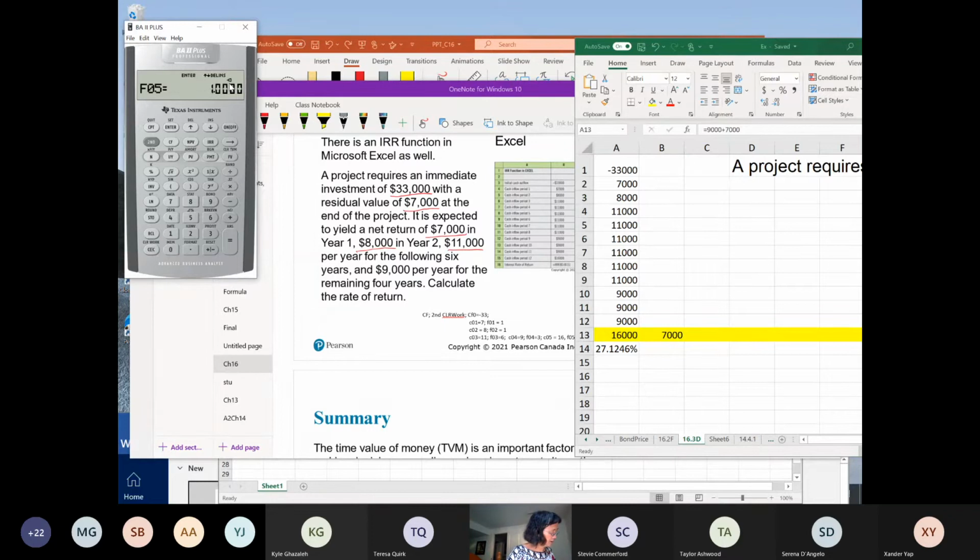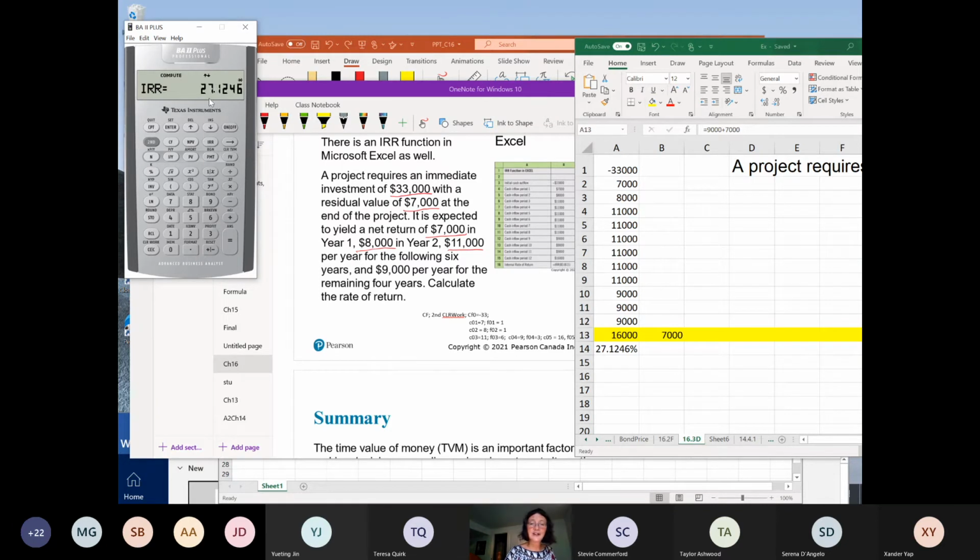So you entered all the cash flows. Okay. Now press the IRR key here. This is IRR on the second row. Press it, okay, and then press the CPT button, compute.